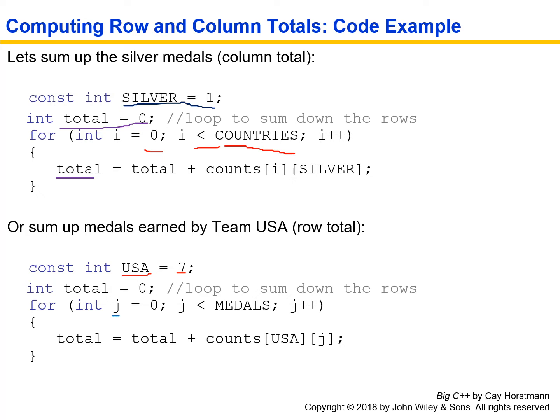We go j equals 0 to less than number of metals, and at each point total gets the value counts at row USA, column j. So we're always looking at row USA, and we're changing the column.